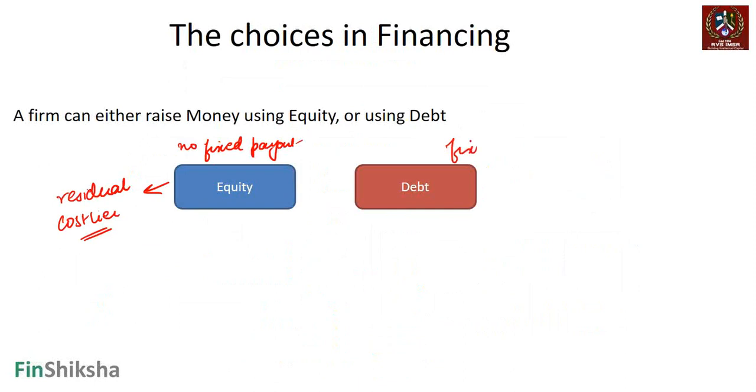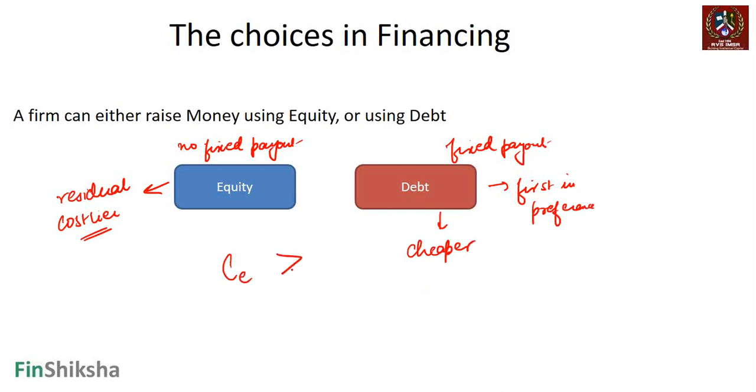Debt has a fixed payout and it's considered the first in preference of any kind of payout, and that's why it is considered less risky, and hence it is cheaper. So for any given firm, the cost of equity will always be greater than the cost of debt. That will always hold true, correct?